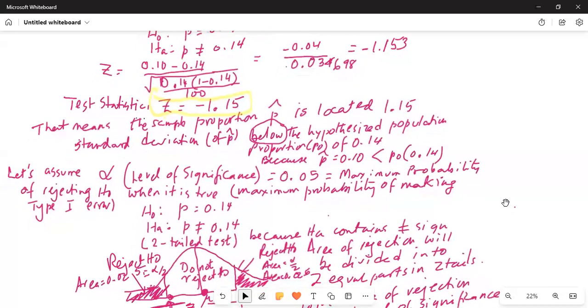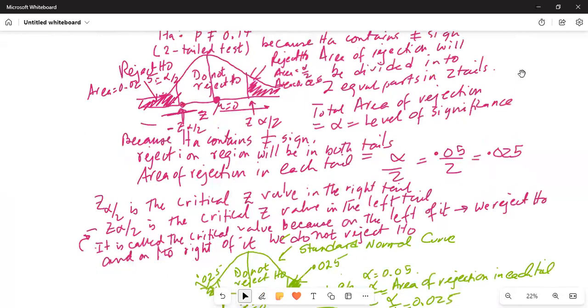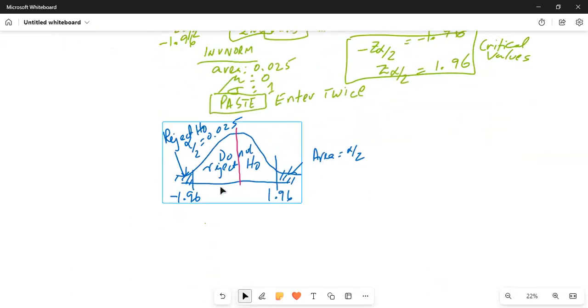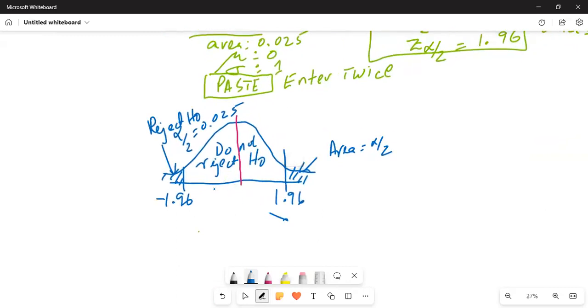If I move up this last diagram, let me make it a blue screen. At the center, my Z is 0, and I have calculated a test statistic of minus 1.15.